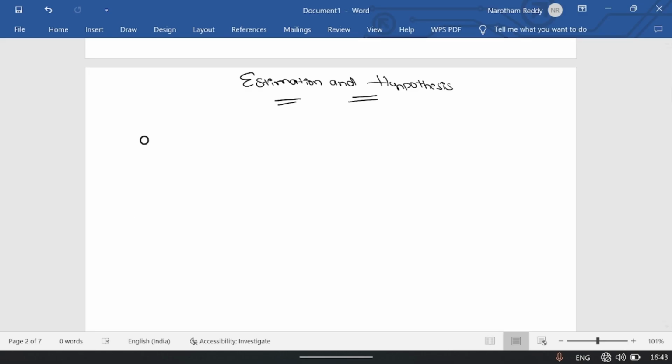Today I am going to discuss estimation and hypothesis. Firstly, what is meant by hypothesis? Hypothesis is a process of checking the given condition, whether it is accepted or rejected.